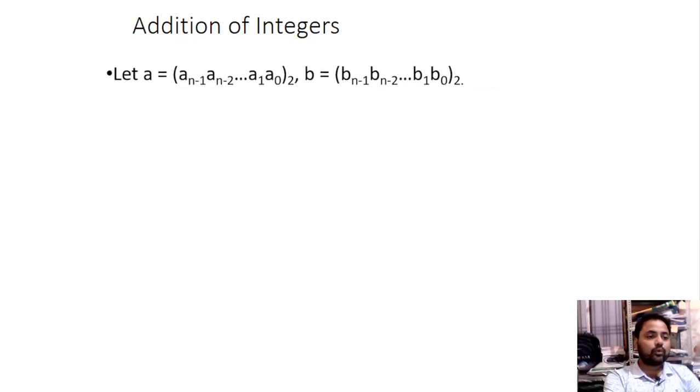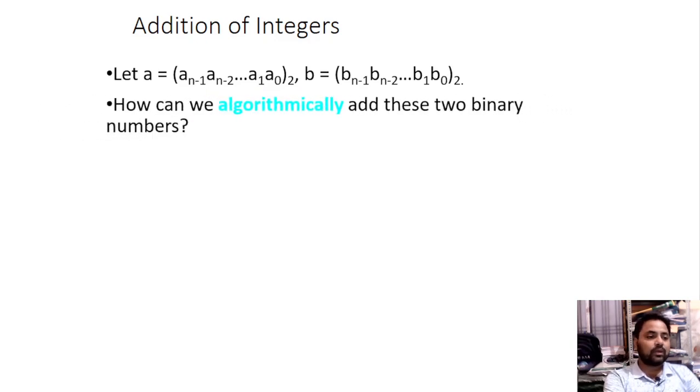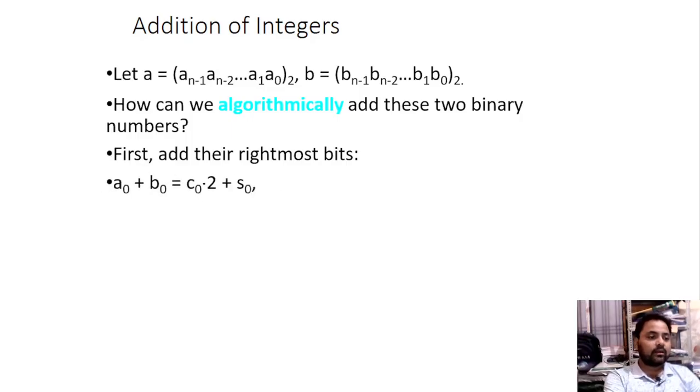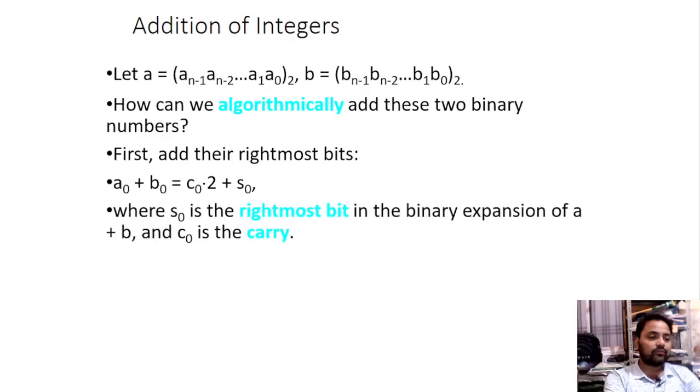Let a be equal to a_(n-1), a_(n-2), up to a_1 a_0 to the base 2, and b equal to b_(n-1), b_(n-2), up to b_1 b_0 to the base 2. How can we algorithmically add these two binary numbers? First add the rightmost bits: a_0 plus b_0 is equal to c_0 times 2 plus s_0, where s_0 is the rightmost bit in the binary expansion of a plus b, and c_0 is the carry.